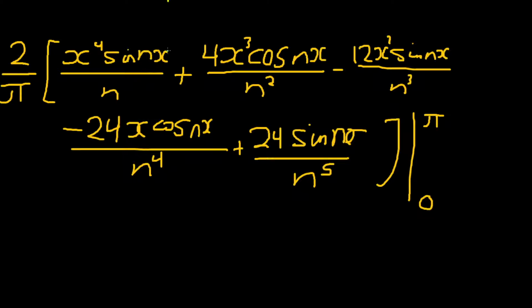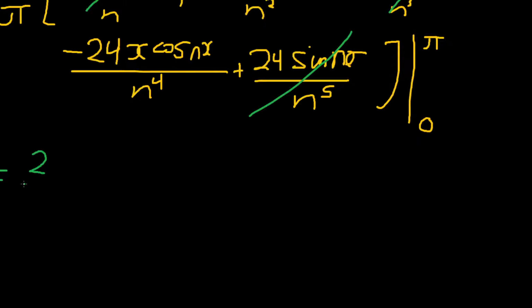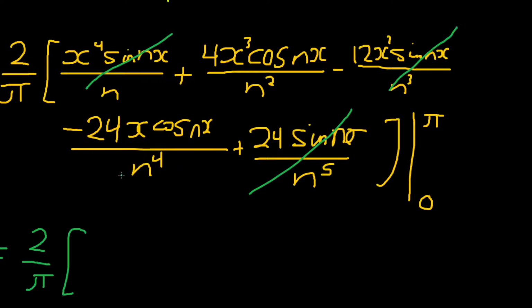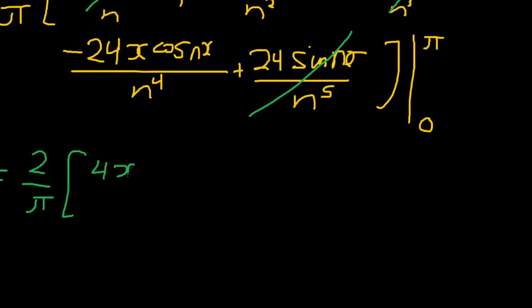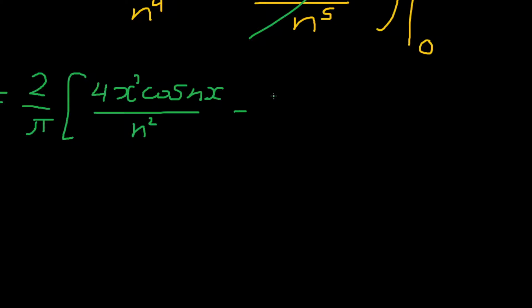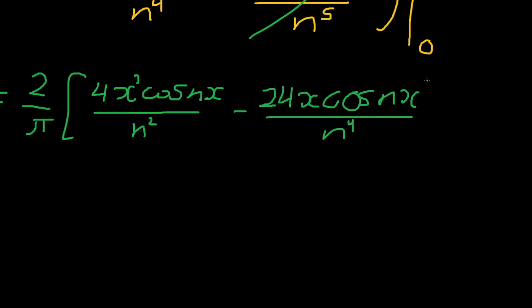So we can cancel out everything with the sine and rewrite this in a simpler form: 2 over pi, 4x cubed cosine of nx over n squared minus 24x cosine of nx over n to the fourth, evaluated from 0 to pi.